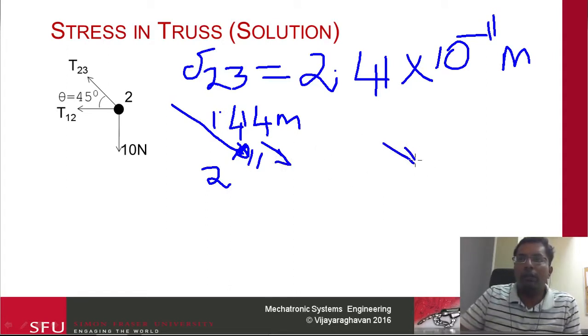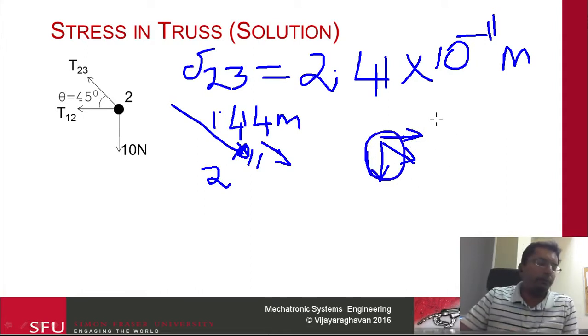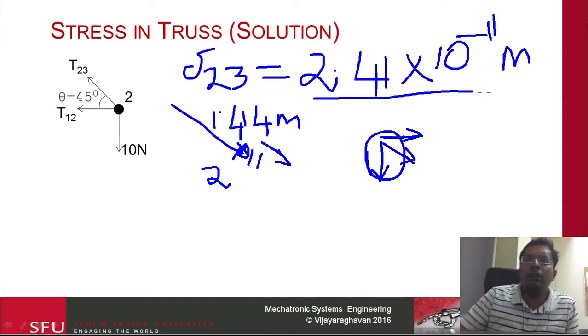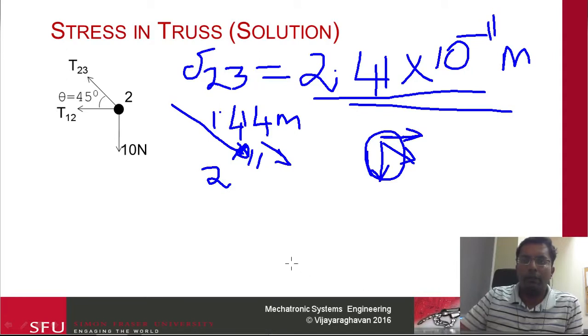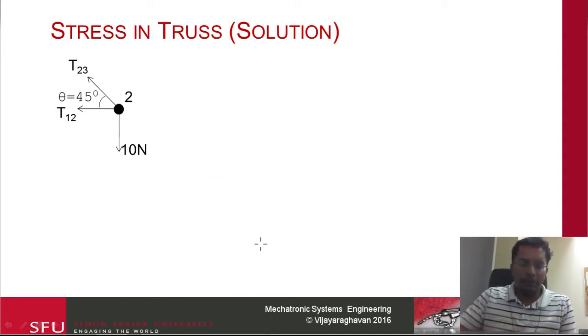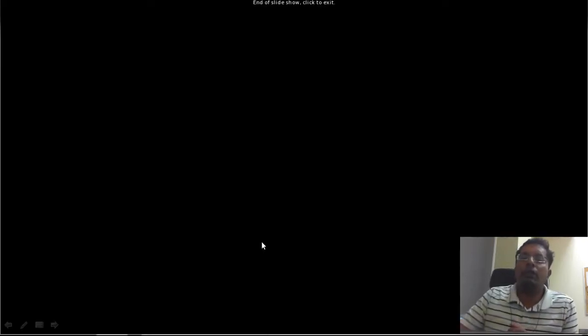I know that it has become longer by about 10 to the minus 11, so I'm going to resolve it along the vertical and the horizontal, and that will give me an idea of the magnitude of the actual deflection. But nonetheless, the magnitude of the deflection along the force would be roughly in the same order of magnitude. So this concludes our brief discussion on stress and strain in trusses and beams.